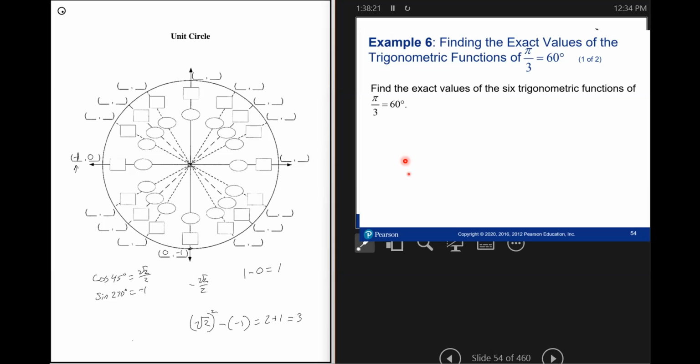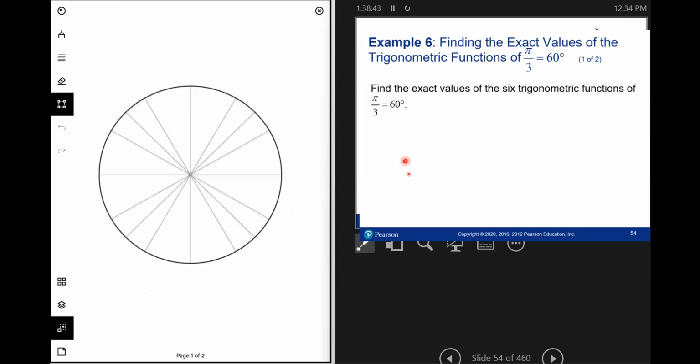Now this is where I change tactics, and I'm going to pull up a different one. Let me see, do I have it in here? Yes, I do.